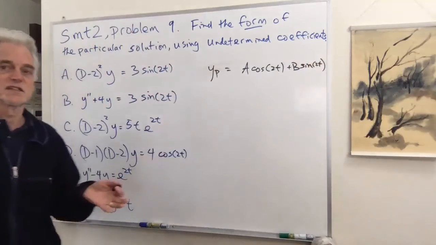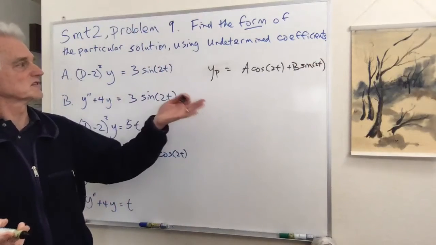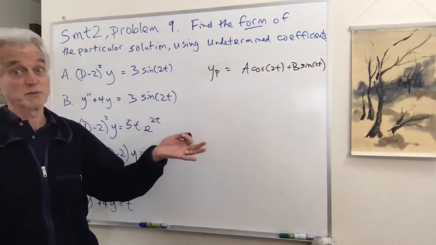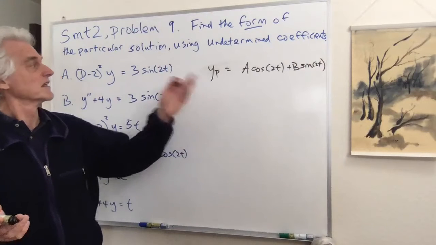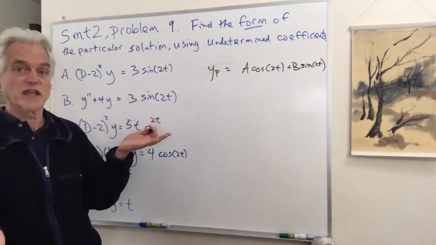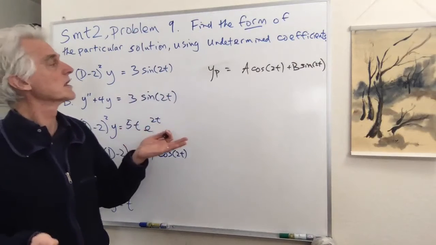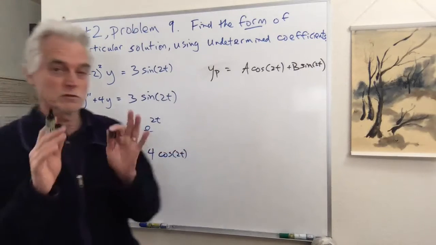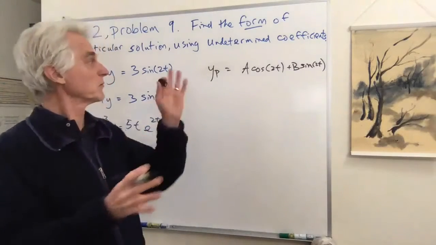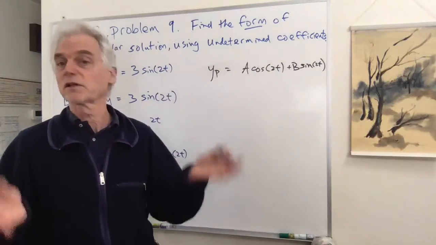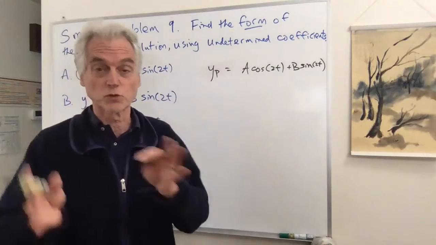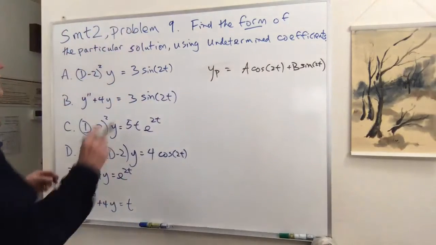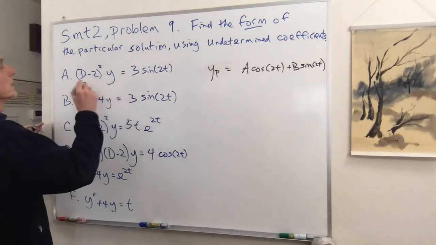And that is the most general solution that you have to a linear homogeneous ODE with constant coefficients. It has 3 sine 2t as a solution, right? Okay. But we have to ask the question, do we have to multiply this whole thing by a t or a t squared or a t cubed? That's rule 2.